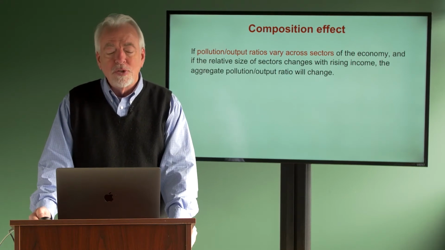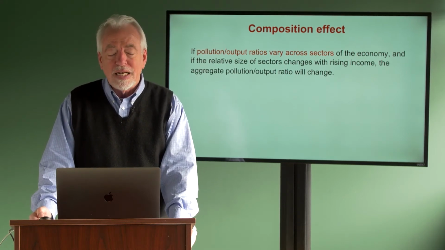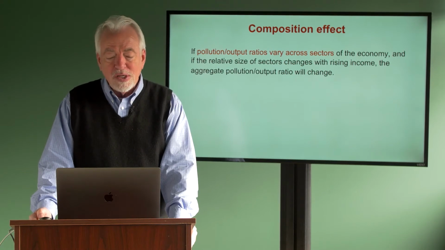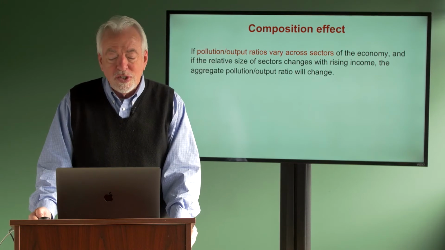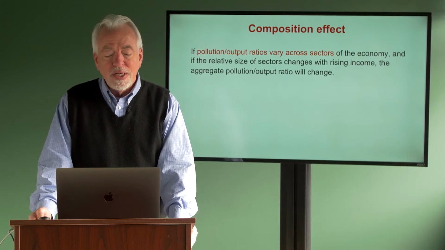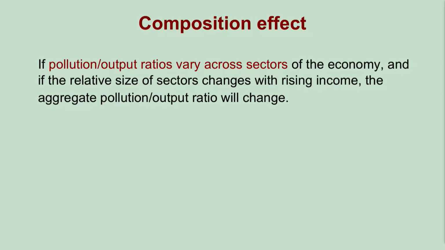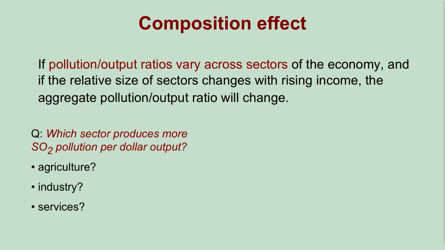It has fixed pollution output ratios, but they're fixed in sectors, and they vary across sectors of the economy. So as the relative size of sectors changes, the amount of environmental degradation, or the aggregate pollution output ratio, changes as well. Which sectors produce more pollution, for example, more sulfur dioxide emissions, one of the most important air pollutants, per dollar of output?